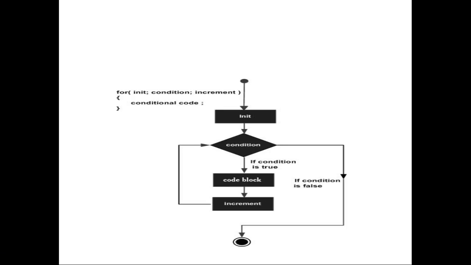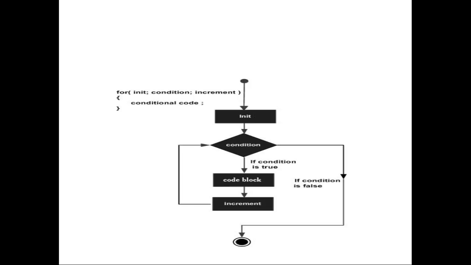If I look at the control flow of this for loop, then our control flow will come here. First, the initialization part, it will initialize the value and after that it will check the condition. If our condition is false, then our loop will break and our control flow comes out of the loop.